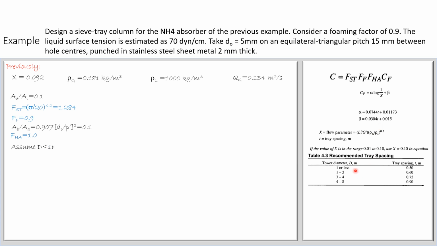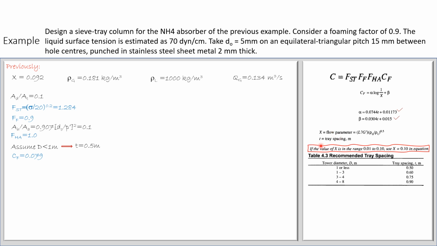So my guess is I'm going to assume that the diameter is going to be less than 1 meter, so tray spacing will be equal to 0.5 meter. Knowing the tray spacing, now I can easily calculate alpha and beta, and then I calculate capital CF, which will be equal to 0.079. Now I have the value of the 4 factors. I can calculate capital C.